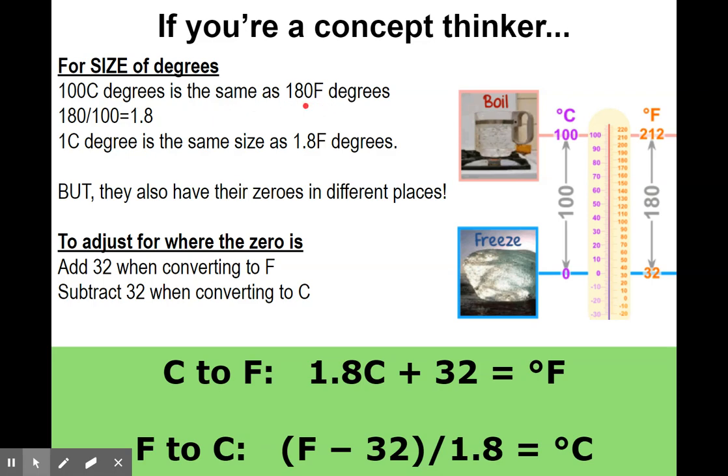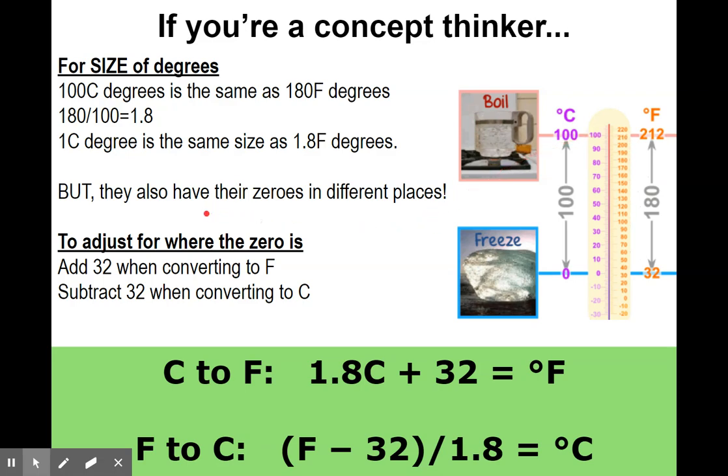So if you take the conversion between 180 degrees and 100 degrees, that's 1.8. One degree Celsius is the same size as 1.8 Fahrenheit degrees. You can remember this because 180 is the bigger number, so it's cutting it into a bigger number of pieces, and each little piece is smaller.